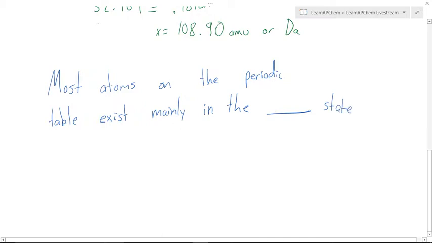So I'm basically asking, out of all of the atoms on the periodic table, naturally occurring, most are either liquids, solids, or gases. So take a second to think about this one, and I'll explain it.